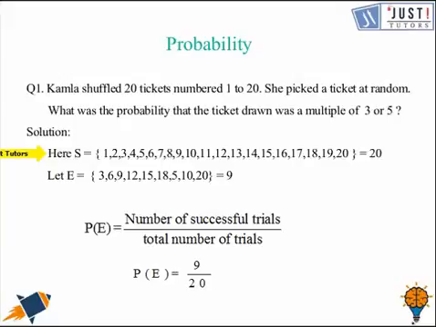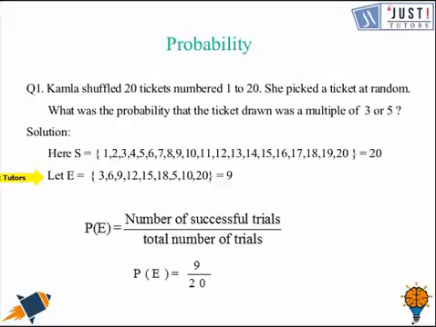We denote the sample space by a capital S and we put curved brackets in which we write all the possible outcomes. So we are writing all the numbers from 1 to 20. So we have a total of 20 outcomes. The total number of trials is 20.